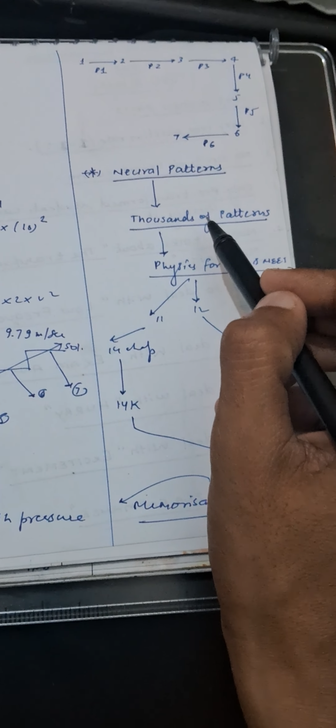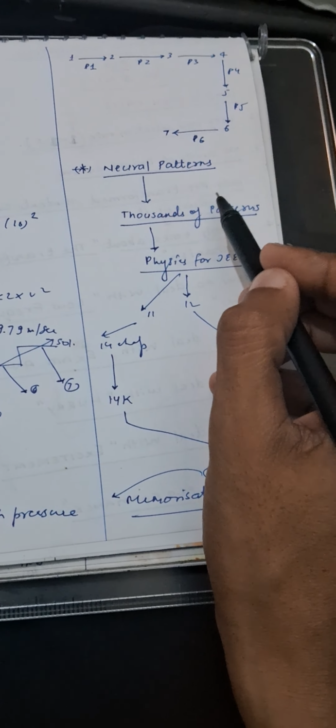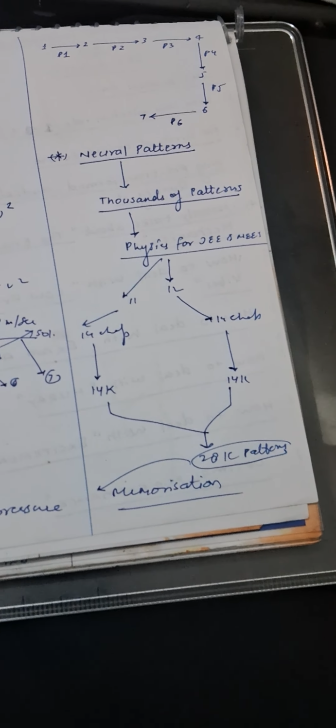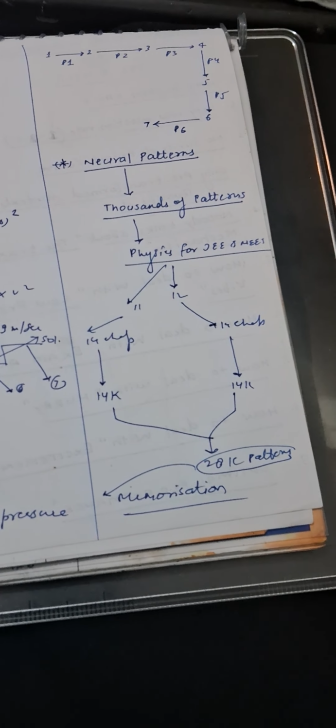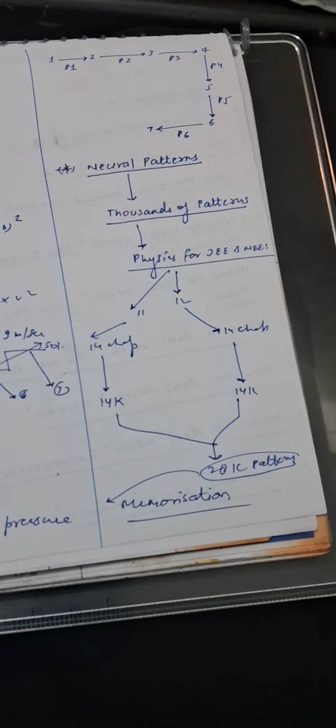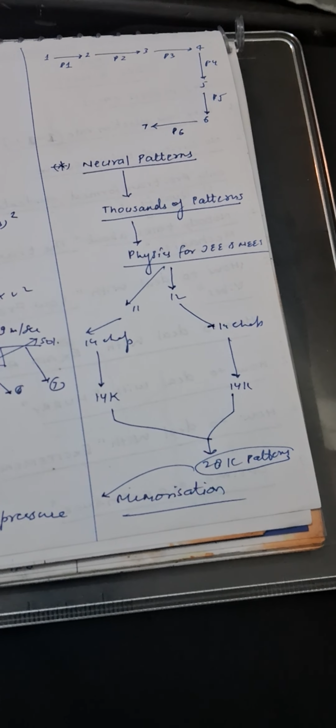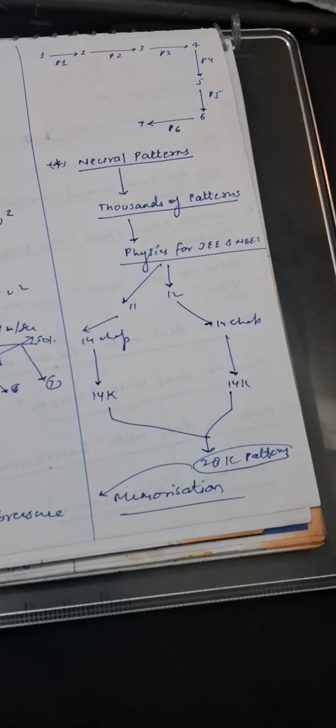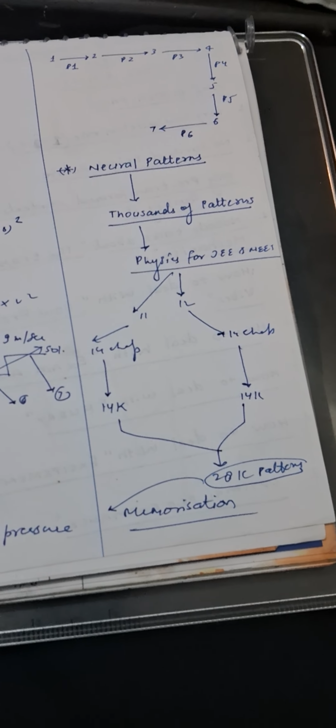So a good teacher has developed thousands of neural patterns. If JEE and NEET are concerned, there are about 30,000 neural patterns, and these are more than enough as they complete most of the syllabus, at least 90 to 95%.